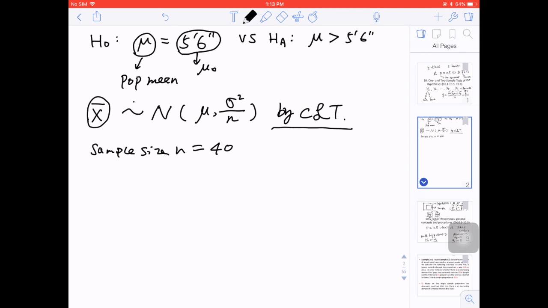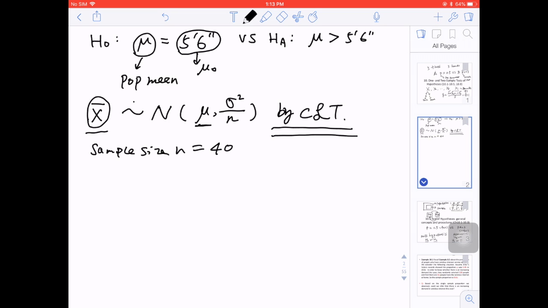Okay, so the normal distribution is probably one of the most important distributions of all time. This is because of CLT. Okay, once you have the central limit theorem, all the corresponding sample means could follow a normal distribution approximately, okay, as long as the sample size is large enough. All right, and we also have that the mean of X bar is exactly the same as the mean of the underlying distribution X, okay?